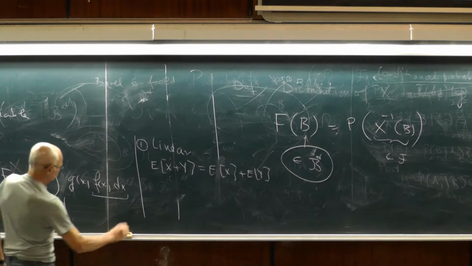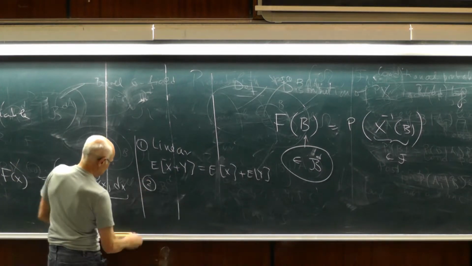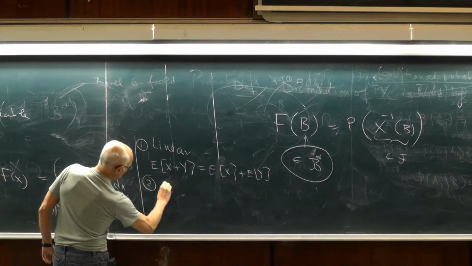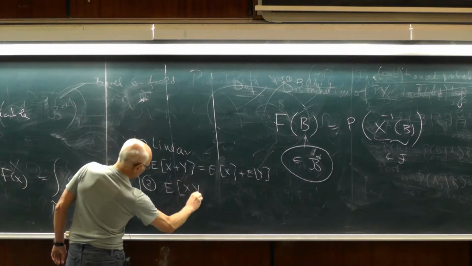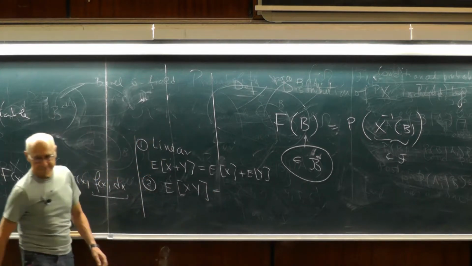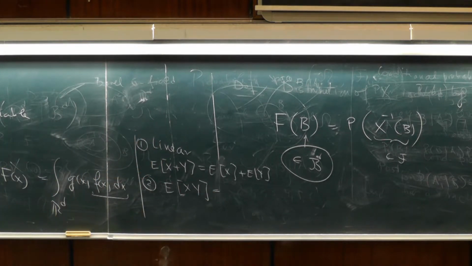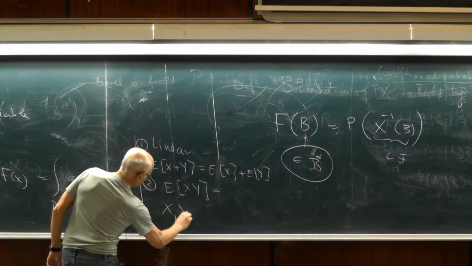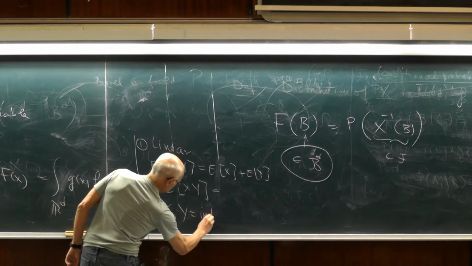And one more thing. The expectation of the product of two random quantities, if X and Y are independent, and I don't think I defined it, so I'm going to define it right away. So X, Y are independent.